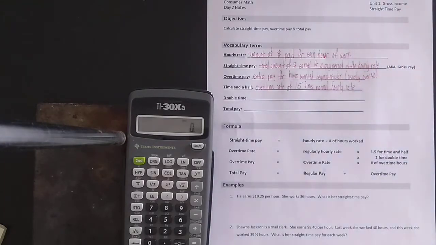So, if your company offers time and a half, what that means is for any hours you work over 40 hours a week, you're not going to make your regular rate, you're going to make 1.5 times your regular hourly rate while you're working overtime, and only while you're working overtime, not for your normal hours, just for your overtime hours. There are other ways to calculate overtime, but we'll get to those later.